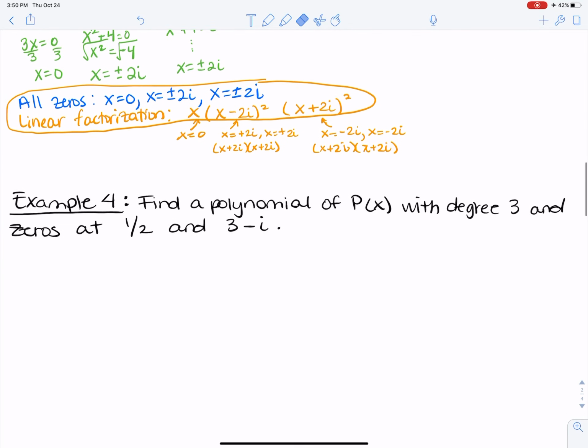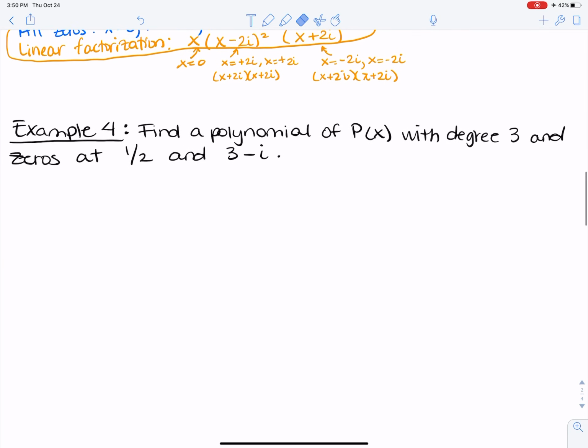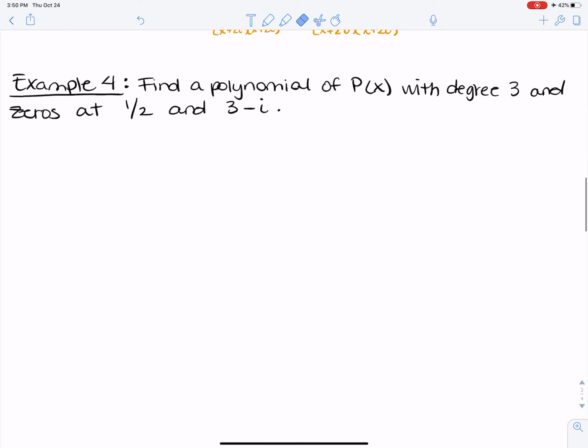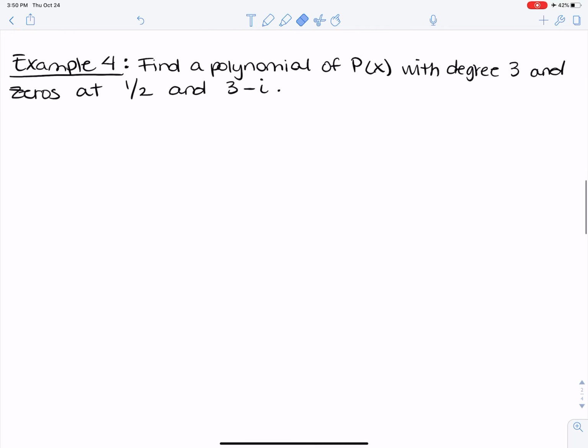Find a polynomial this time, p of x, with degree 3 and zeros at 1/2 and 3 minus i. Ooh, so we've got to find a polynomial this time. So let's start with what zeros we know. We know that x equals 1/2, and that is a multiplicity of 1. Why?